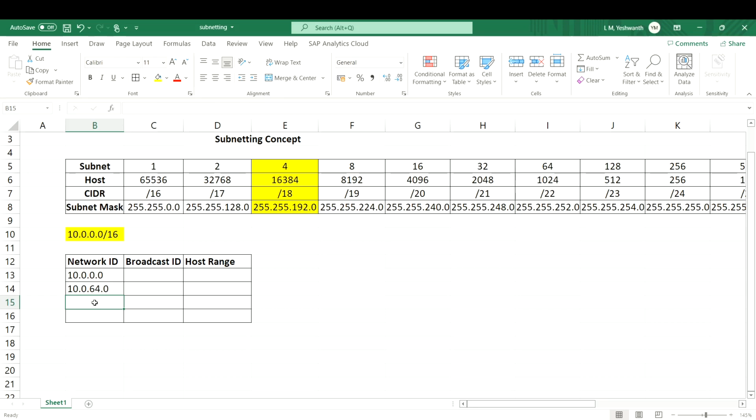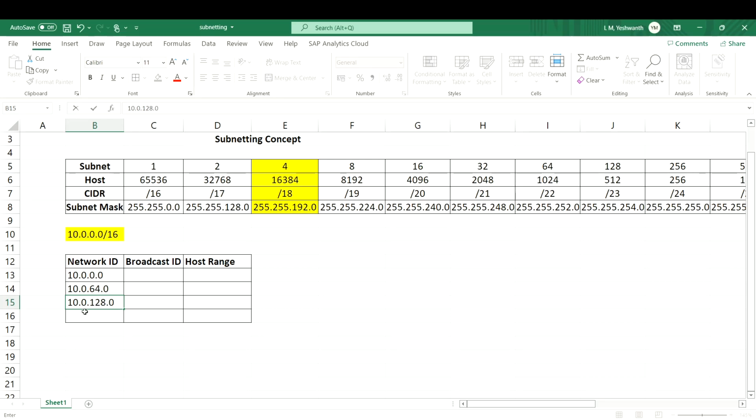Next, your third network. How will you calculate your third network, or third subnet? So it is really simple. Add 64 again to the second one. So 10.0.64 plus 64, what will be the answer? It is 128, right? So let me type in 10.0.128.0.